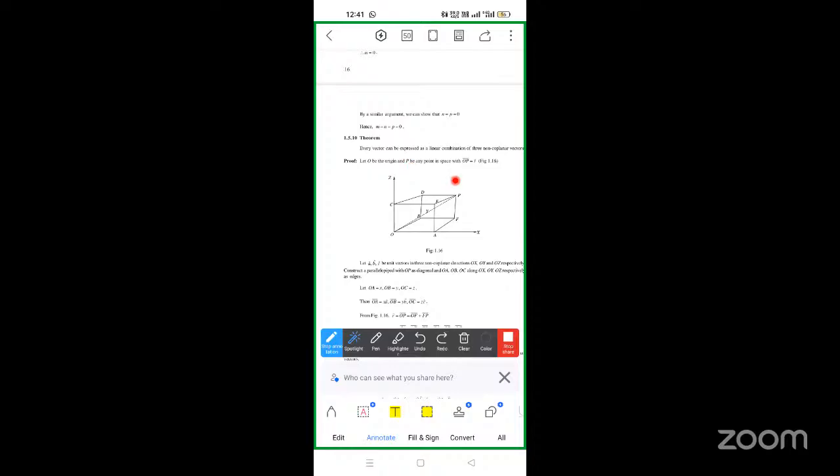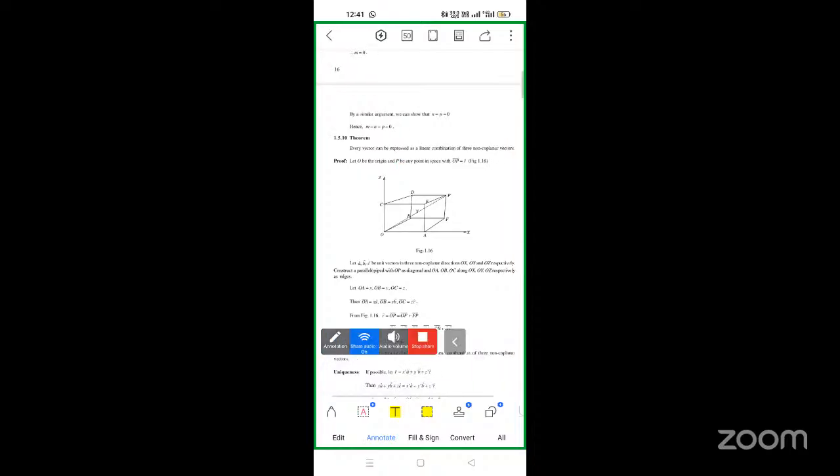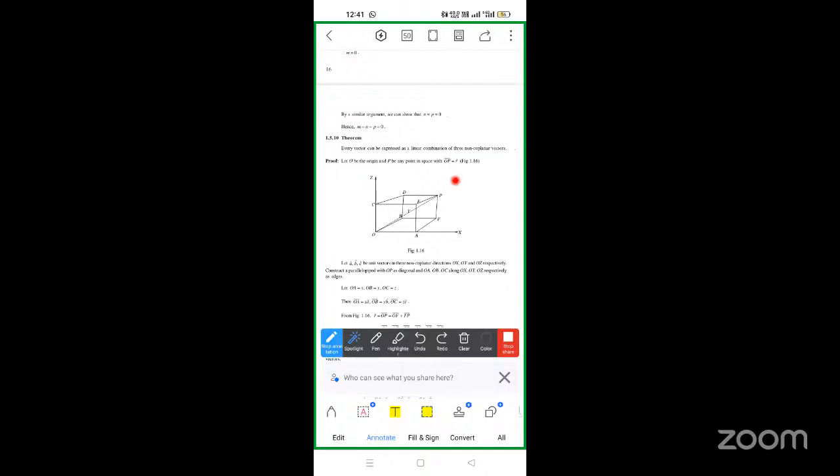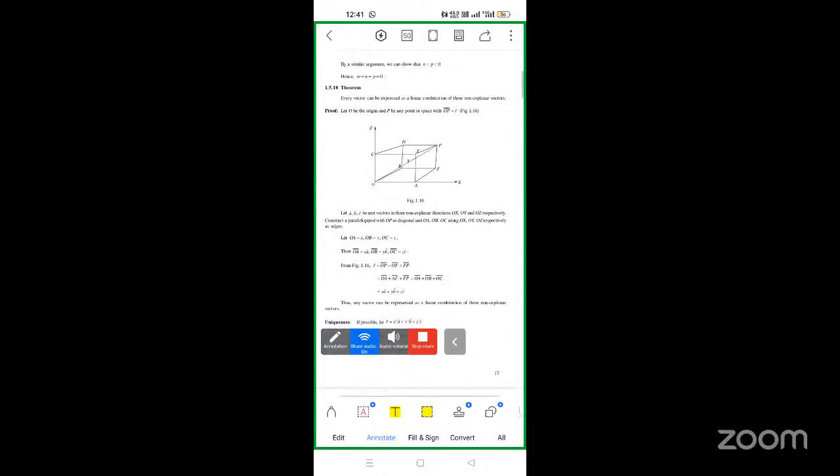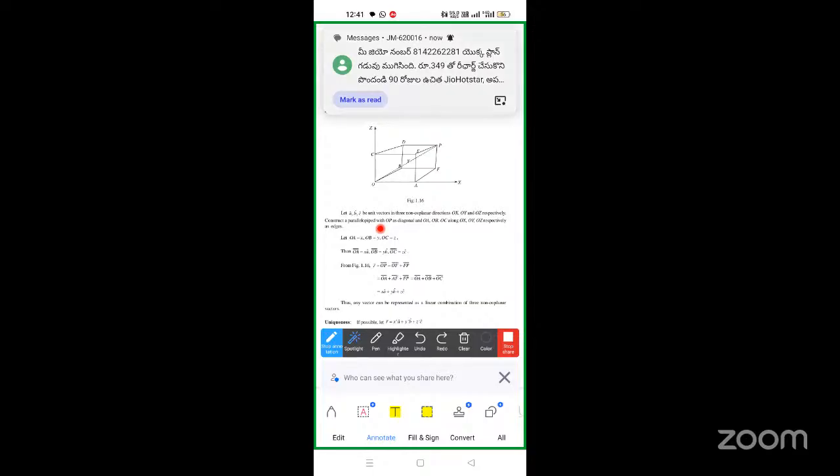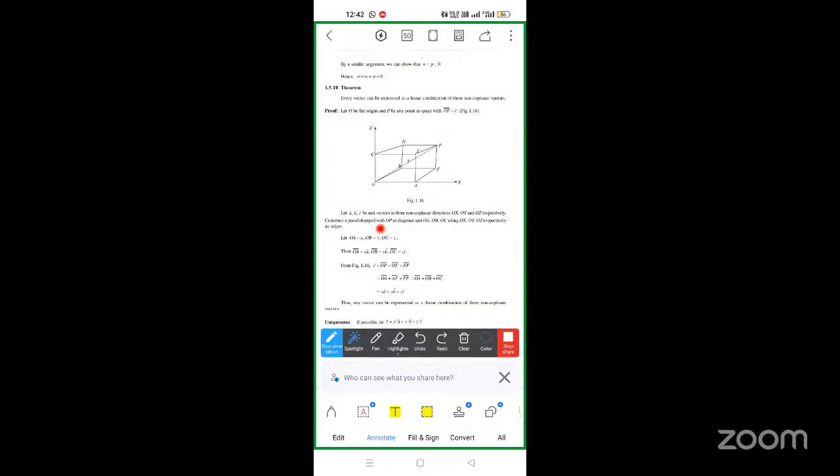Here also, every vector can be expressed as a linear combination of three non-coplanar vectors. So let O be the origin, P be any point in space. OP is the position vector r in the diagram. Let a bar, b bar, c bar be unit vectors in the three non-coplanar directions OX, OY, OZ respectively.